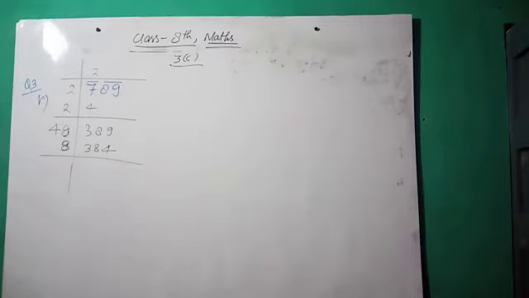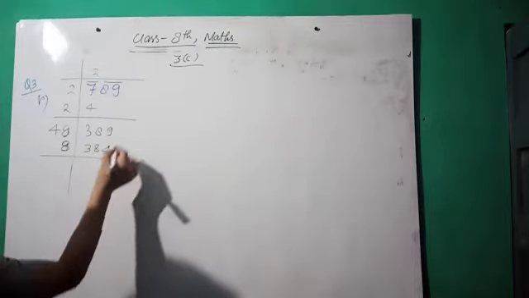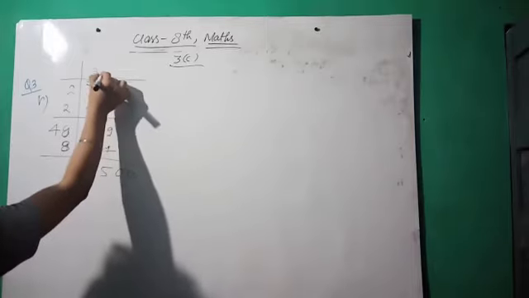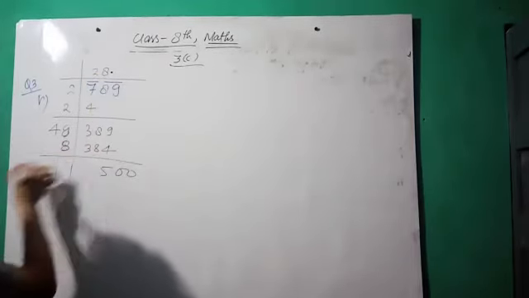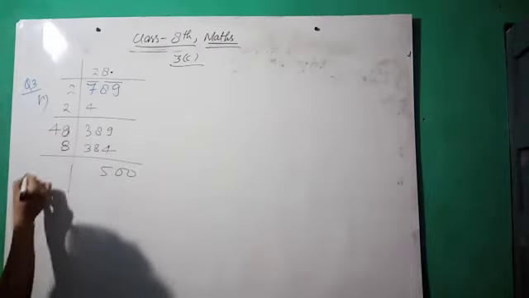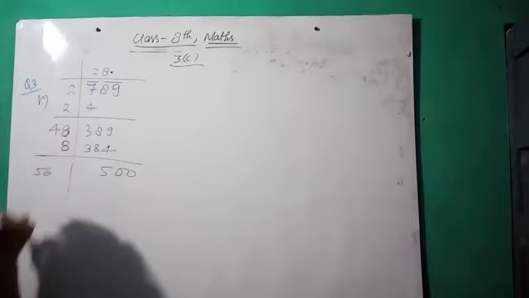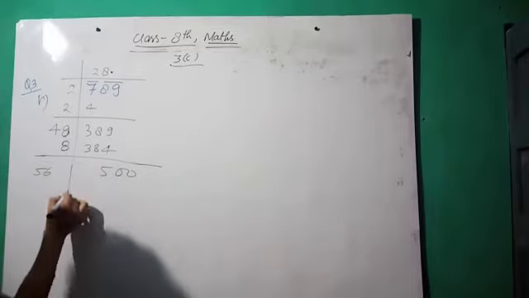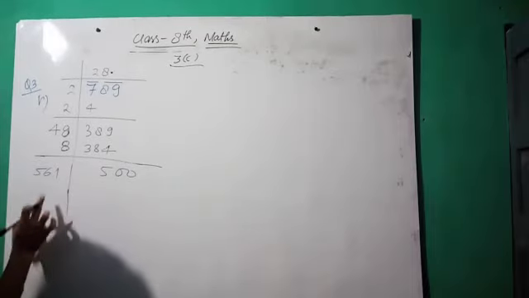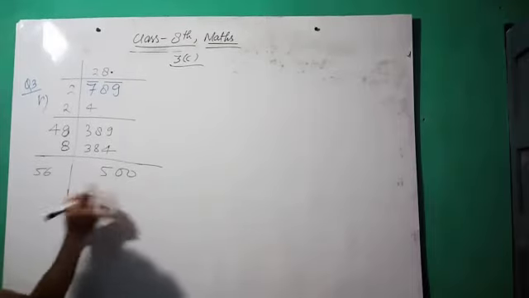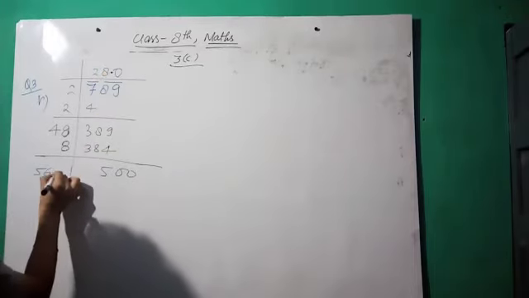So 384. Now we have 500, place 00, and here we have to place the decimal. Now 48 plus 8, so this becomes 56 and 500. If we multiply it by 1, then it becomes 561, which is larger than this number, so we have to place 0 here and also 0 here.